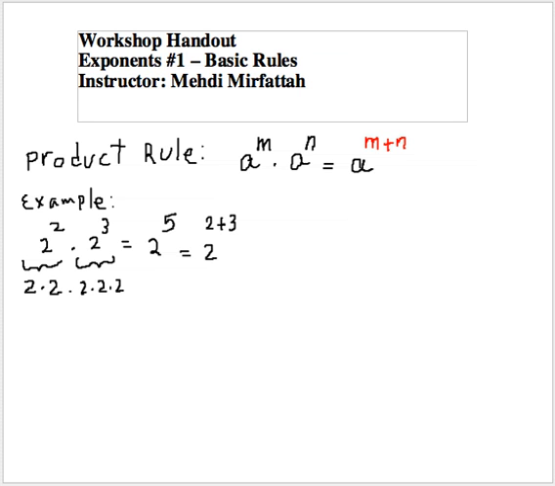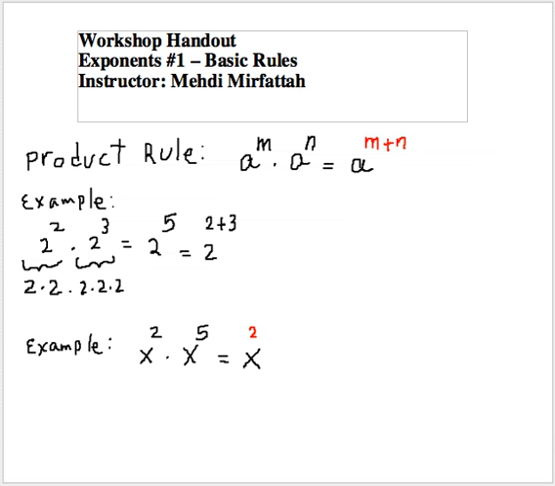Okay, great. So you can follow that. I can give you another example. When I have x to the power of 2 times x to the power of 5, according to this rule, the answer should be x to the power of, Sandra, what would be x to the power of what? 7.